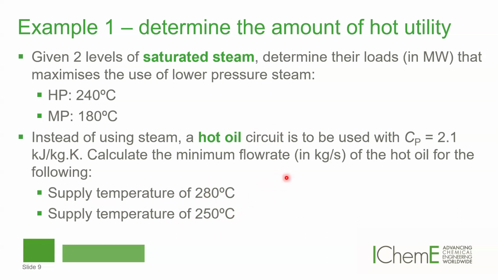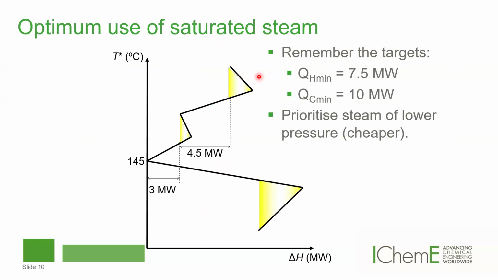So here we need to determine the flow rate of the hot oil. For the steam, we need to determine their load, or the megawatts needed. First, let's try determining the load of the saturated steam needed.